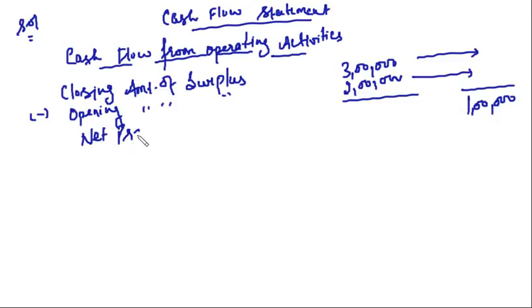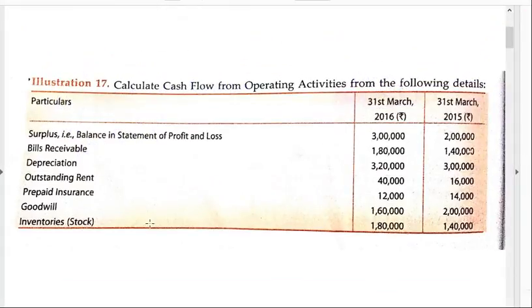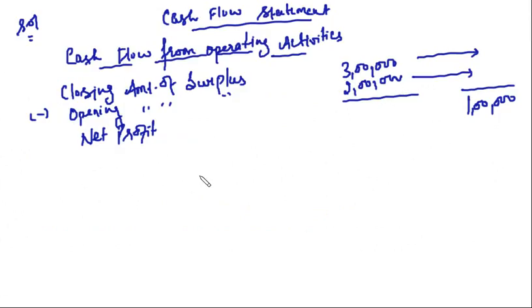Now, is this net profit before taxes or after taxes? Is there any adjustment given regarding the items which are directly related to the net profits? Bills receivable? No. Depreciation? No. Outstanding rent? No. Prepaid insurance? No. Goodwill? No. Inventories? No. So that means whatever surplus we are given, that is net profit before taxes and extraordinary items.